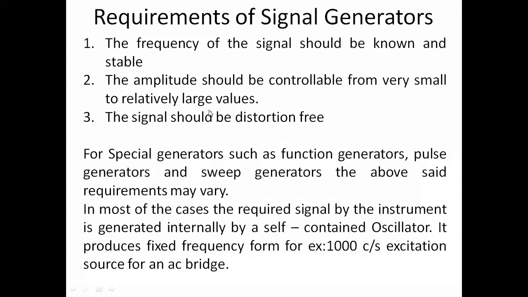So there are oscillators and signal generators. In addition to that, there are special generators, known as function generators. These are pulse generators, sweep generators. These three, function generators, pulse generators, and sweep generators, are considered special generators.